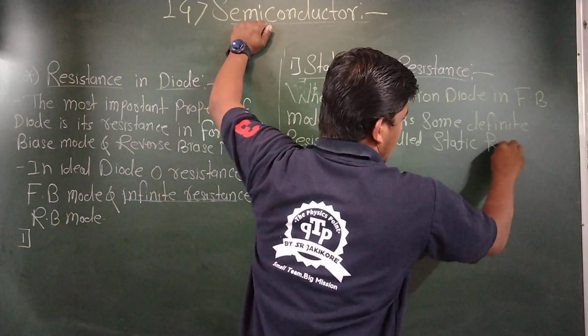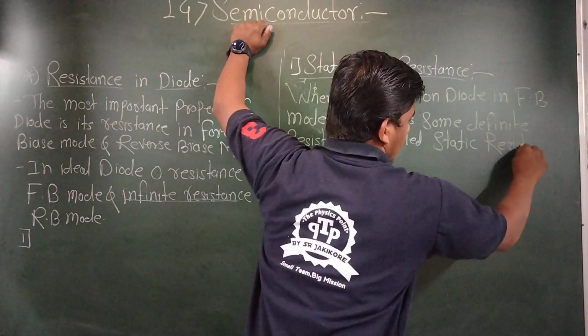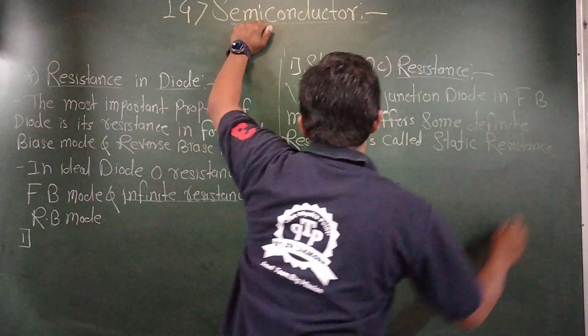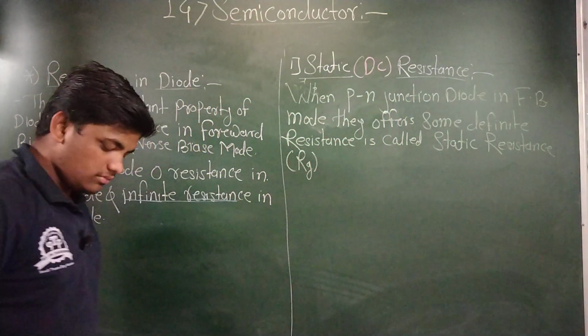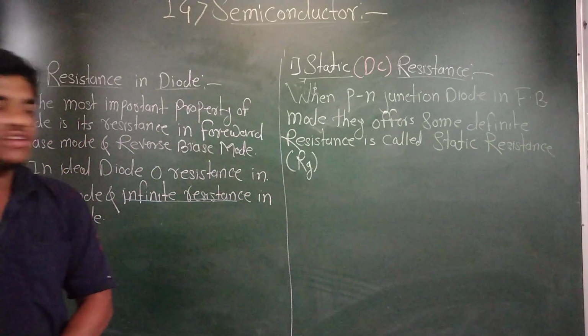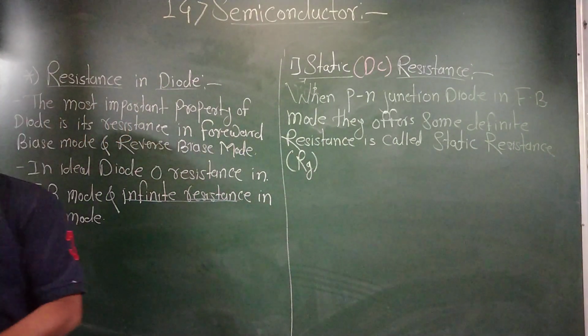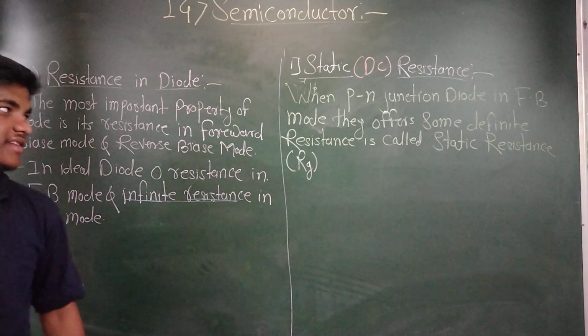Static resistance or DC resistance will be denoted as capital R, with a capital G and apostrophe small g. This is called a static resistance.